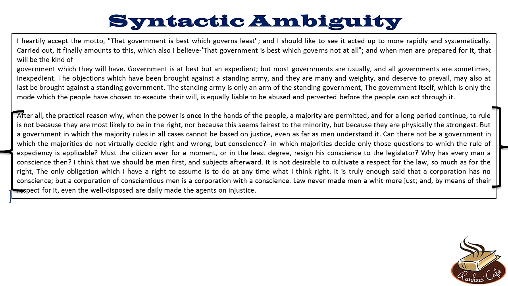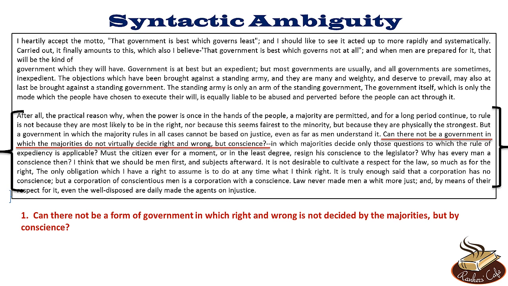From this passage, let me draw your attention to this particular line. Can there not be a government in which the majorities do not virtually decide right and wrong? The above given statement has syntactic ambiguity as it can mean two things.